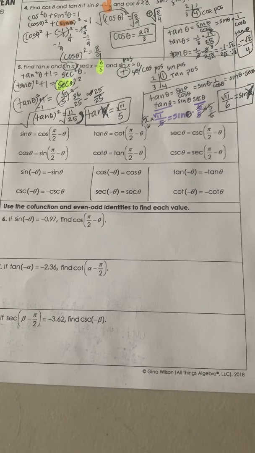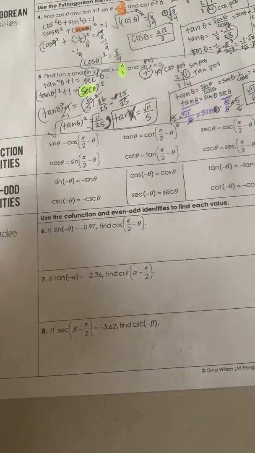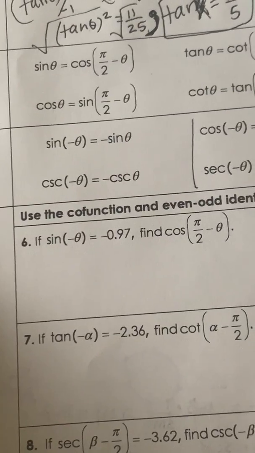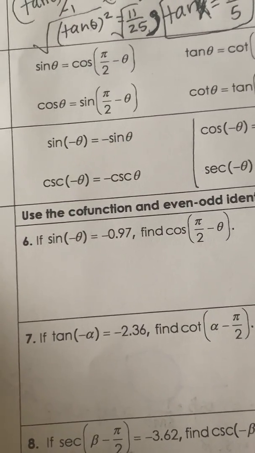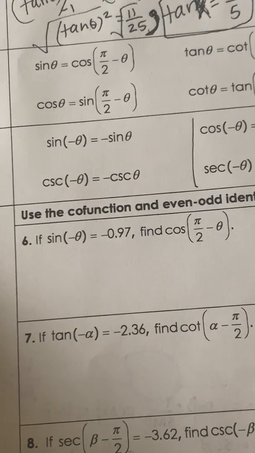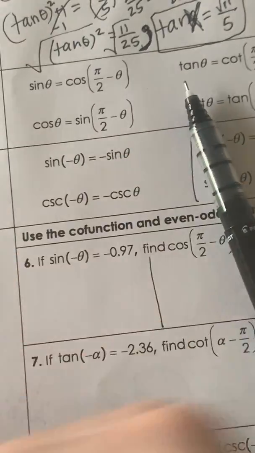Okay, so we're gonna use those ideas to find these answers. Let's do, if sine negative theta is negative 0.97, find cosine of pi/2 minus theta. Let's deal firstly with our even odd identity.